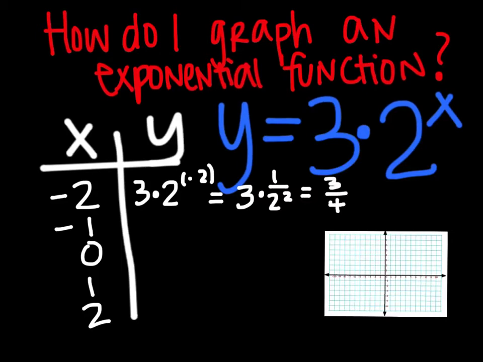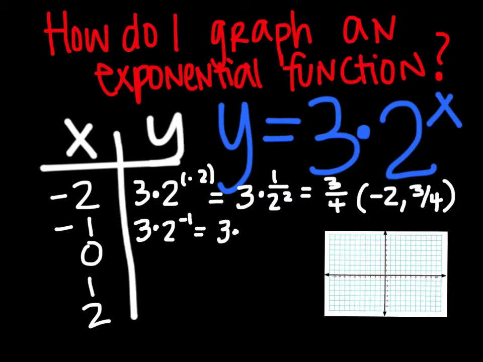So your coordinate then is going to be -2, 3/4. You're going to evaluate again. Showing your work is really important because some of these are not so easy. This one will become 3 times 1 over 2 to the first power, which is just 2.